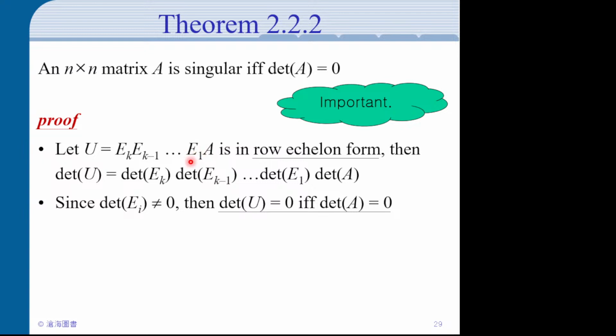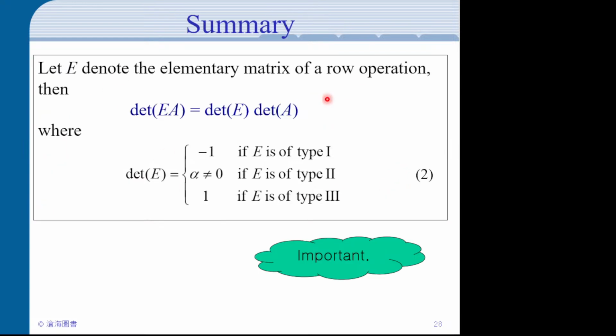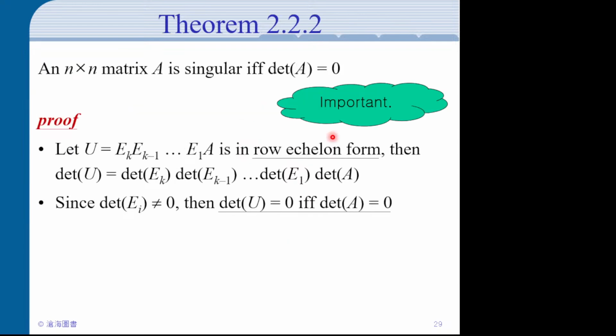Once again, we can do our favorite reduced row echelon form, and actually we don't need to go to reduced, we just go to row echelon form. For a matrix, we can always make it into row echelon form, and we apply a whole bunch of elementary operations. Then we use this nice formula saying the determinant of EA equals the determinant of E times the determinant of A.